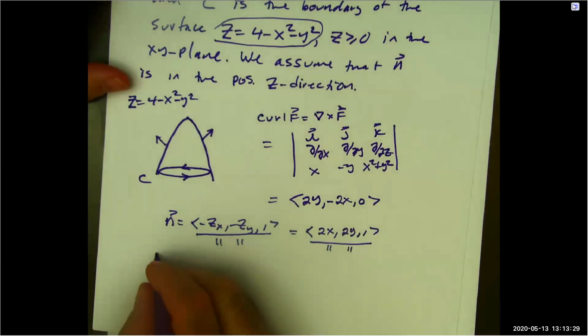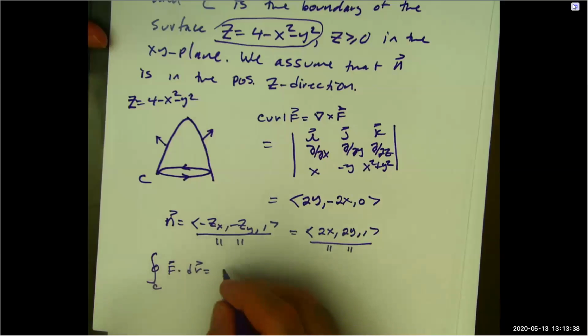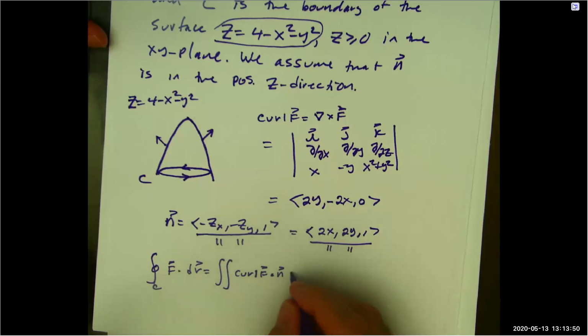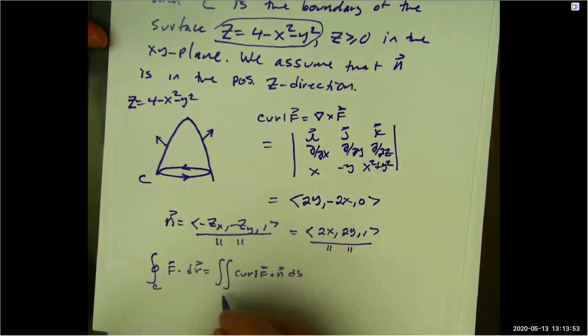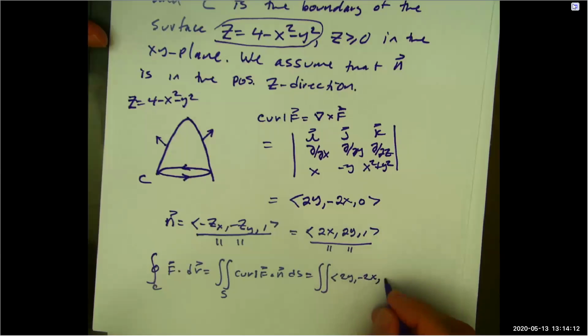All right, so then if we look at our line integral, this is going to be our curl of f dotted with n times the dS over S. And so what we're going to end up with is the curl was the 2y, and then the minus 2x and the 0.